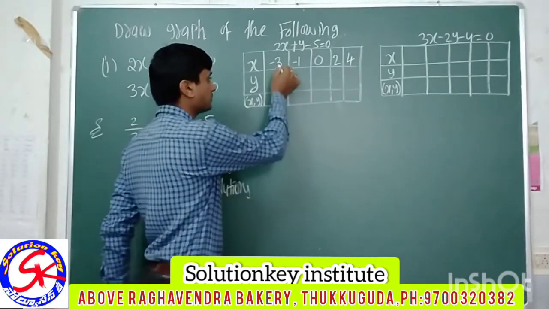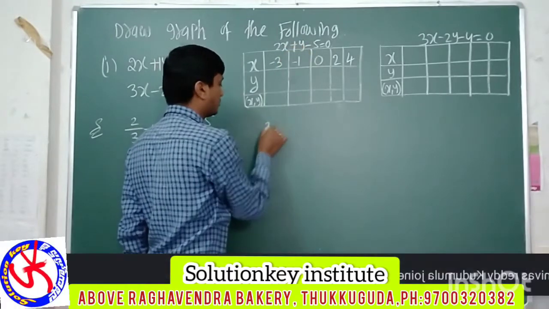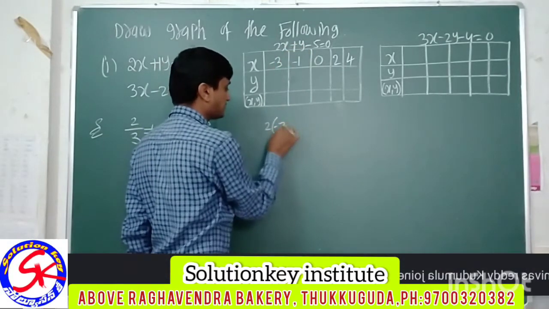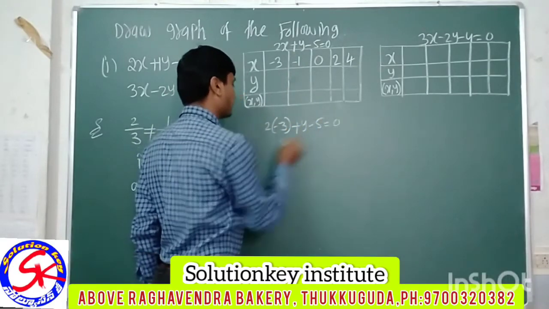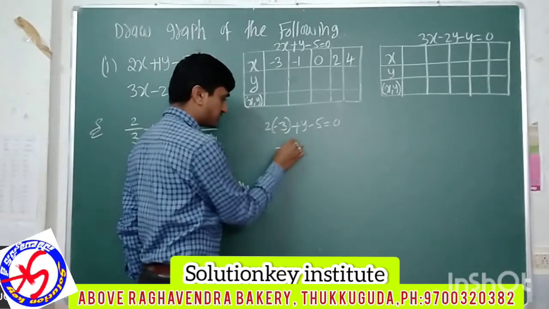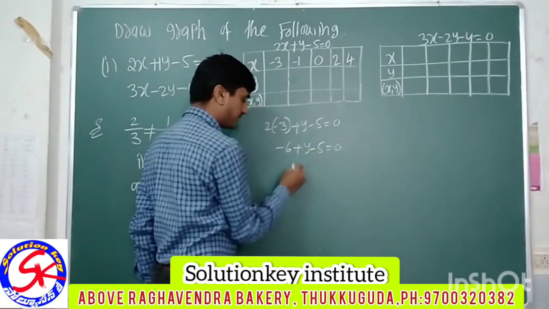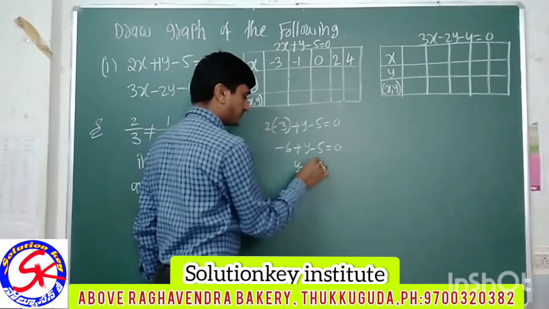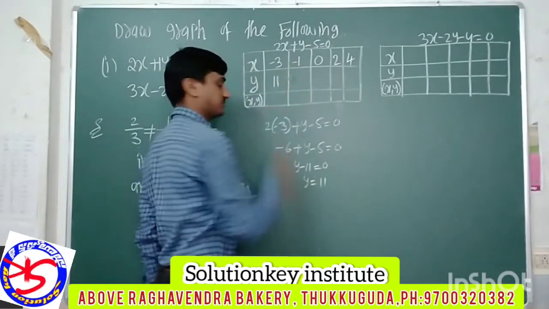First substitute x is equal to minus 3 in the equation: 2 times minus 3 plus y minus 5 is equal to 0. Multiply 2 times 3 is 6, minus 6 plus y minus 5 is equal to 0. Then it is minus 11, and y is equal to 11.